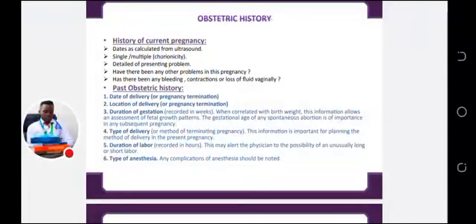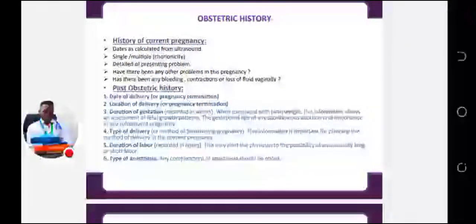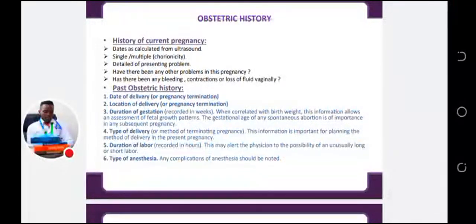Then the types of anesthesia, and any complication of anesthesia, should be noted. This one is very much cardinal. Before your client is admitted for the operation or even for the labor ward, you need to know all this information as a clinician.